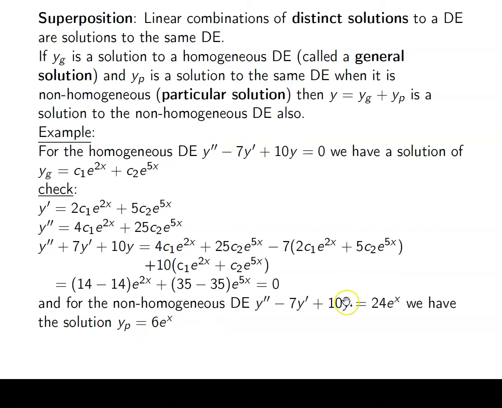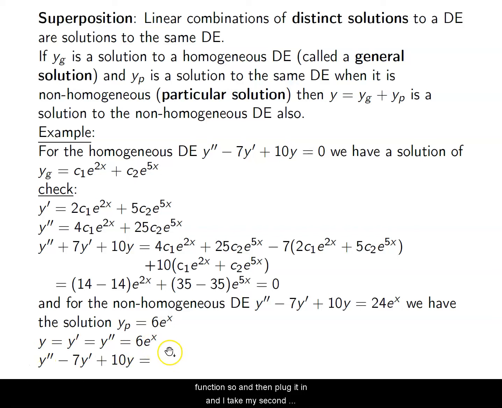So if I plug that in here, okay, notice that no matter what derivative I take, I'm still going to get out 6e to the x, right? Because it's just the one that keeps coming down here. So very easy to differentiate this function. So when I plug it in and I take my second derivative minus 7 times the first plus 10 times the original function, I get the following, right?